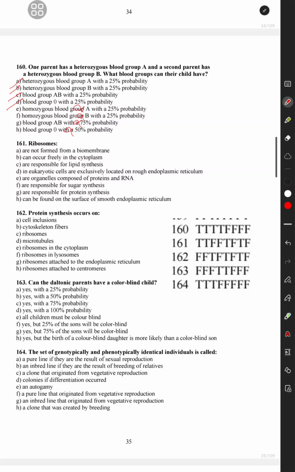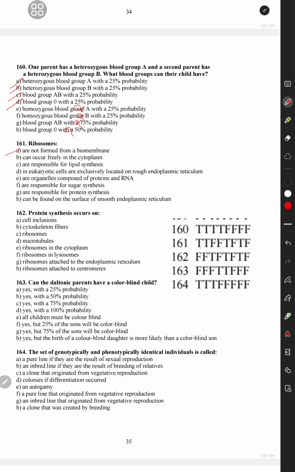Ribosomes are not formed from a biomembrane.